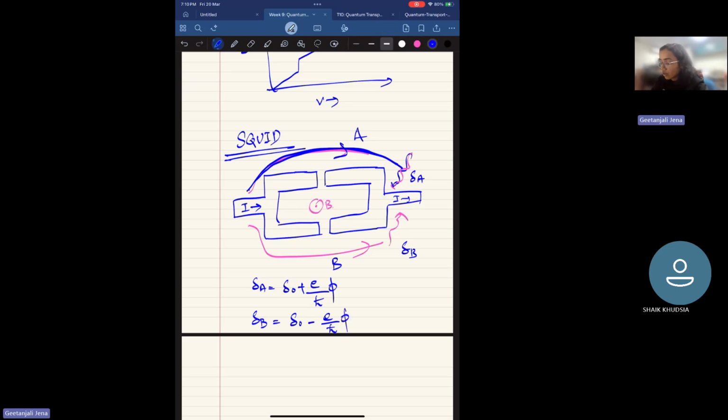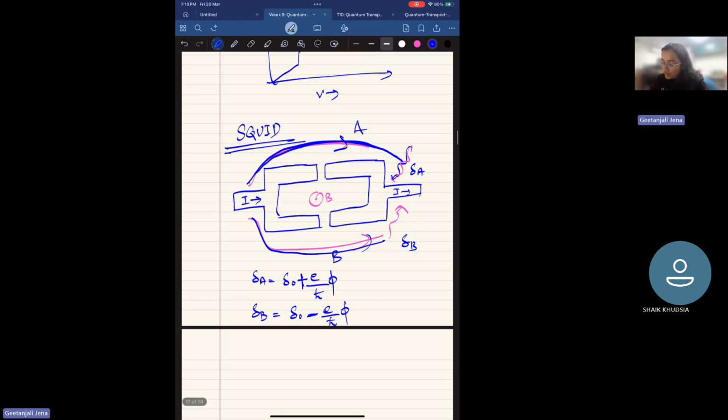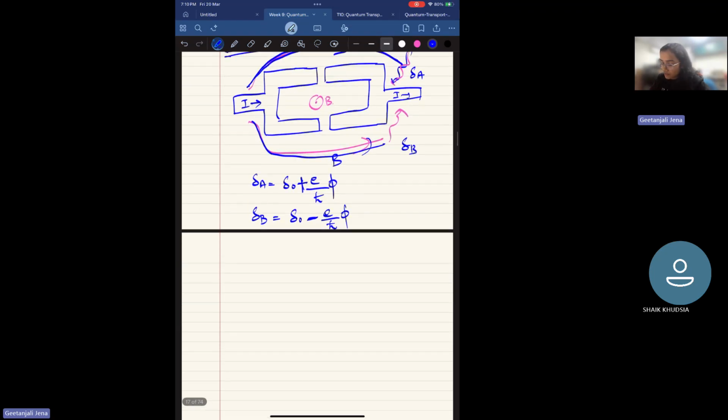Because if you recall the magnetic flux, the vector potential and the path we are following are in opposite directions. We have seen a minus now. This we have seen in the earlier lecture. And now if you calculate the current, it can be the superposition of these two paths, which is sin of delta 0 plus E by h cut phi plus sin of delta 0 minus E by h cut phi.